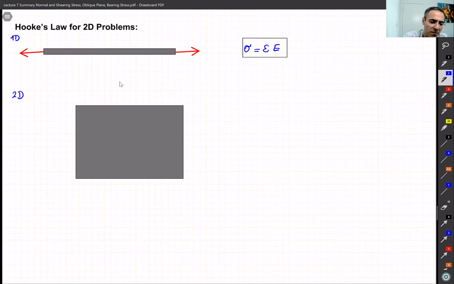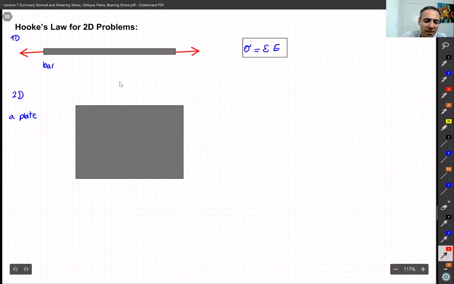And this one is like a bar or a link or something, and this is a plate. In this basic setup now, imagine that you are applying a stress in both directions, maybe in the X direction and also in the Y direction.